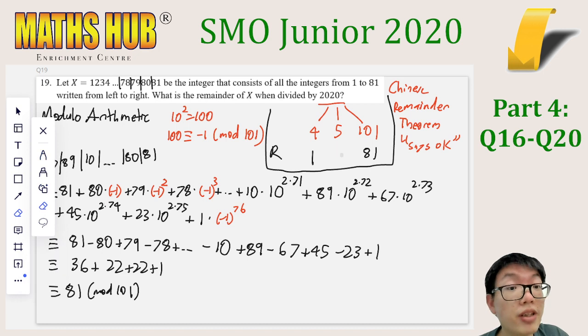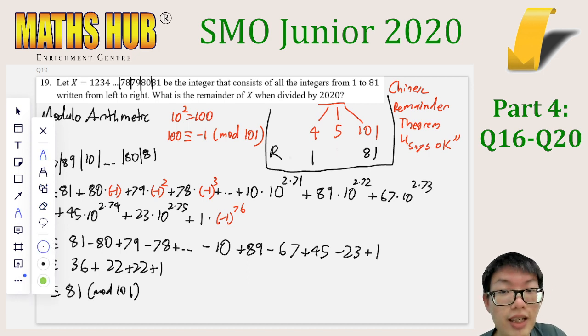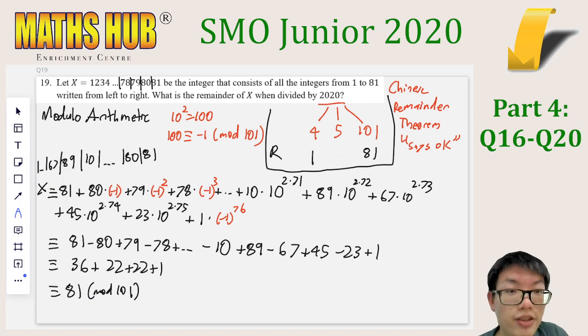But this problem is not so difficult because at least, despite the little bit of gymnastics we had to do with modular arithmetic, 81 is already 1 modulo 5 and 1 modulo 4. And so that means that your answer is just 81 itself.